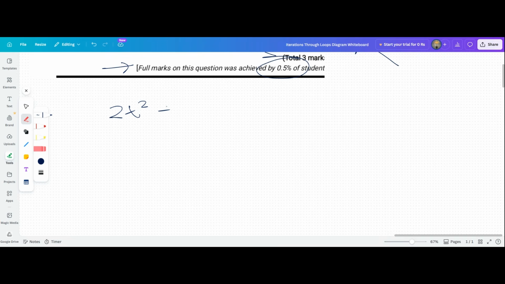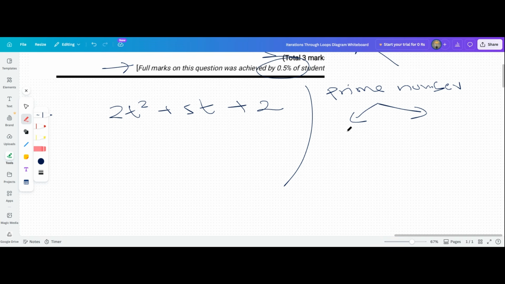2t squared plus 5t plus 2. First of all, we need to understand what a prime number is. A prime number is just a number which has only two factors. One is 1, it means you can divide a prime number by 1.